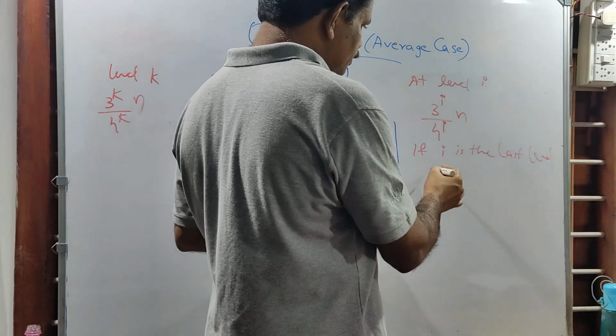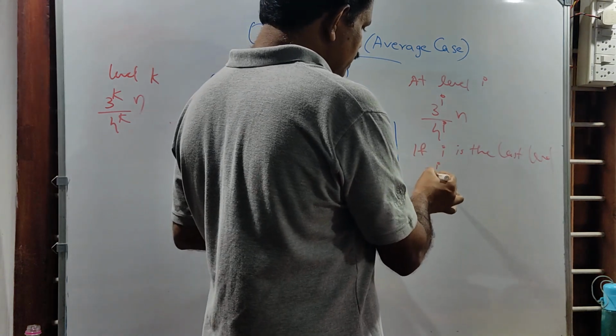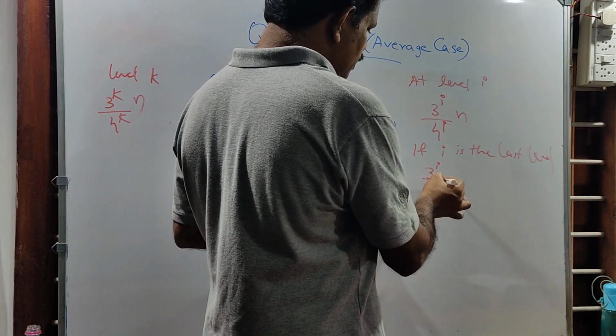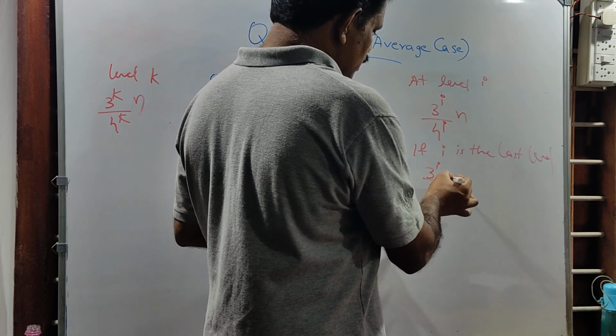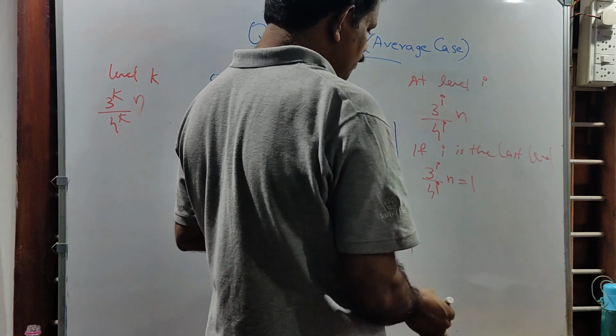That is, 3 raised to I divided by 4 raised to I into N is equal to 1.